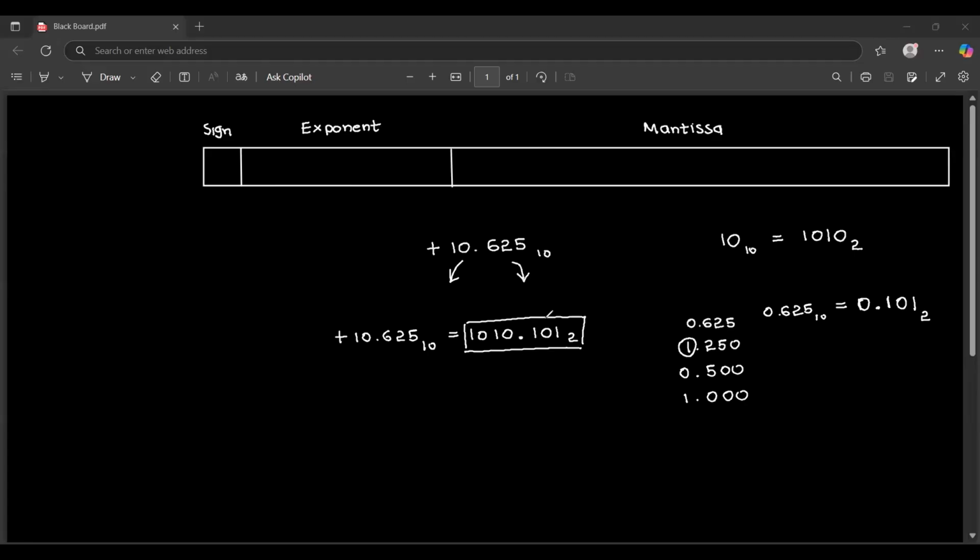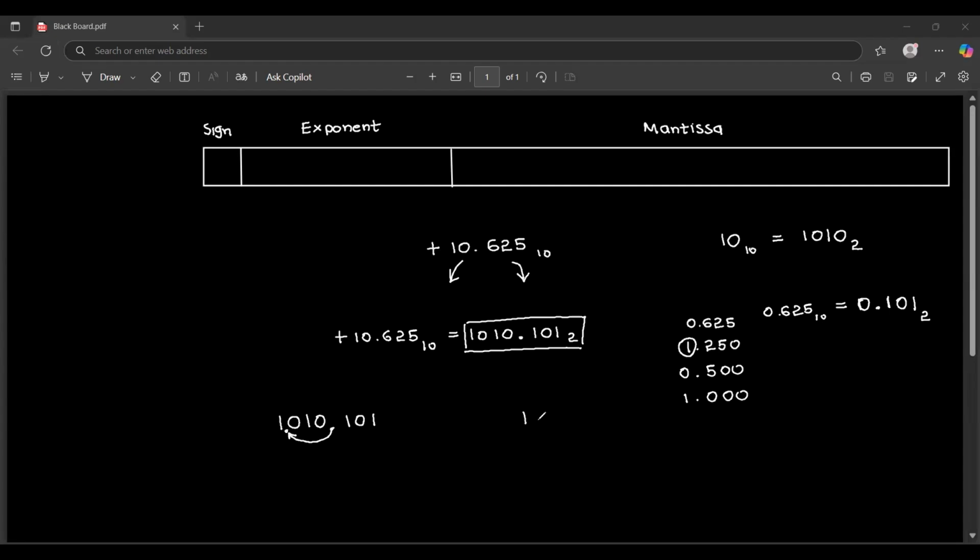First of all, we have to write this in scientific notation. Okay, so how can we write this down? As we normally do in decimals, we are going to do in binary also. Since we have 1010.101, you have to bring the binary point such that you have 1 before the point. It's very important.